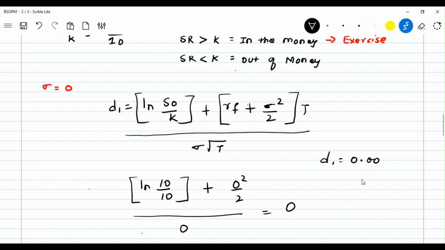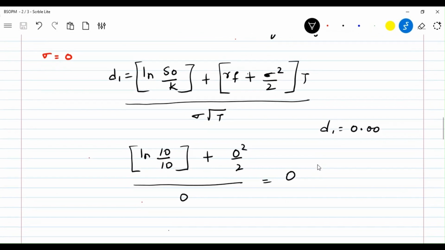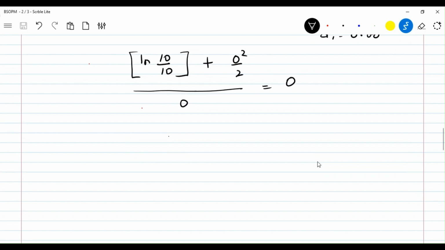Now, for this distribution, I have to check what the cumulative distribution is. And for that, I have to look for a standard normal distribution table. I have pasted this standard normal distribution table somewhere in the same sheet.